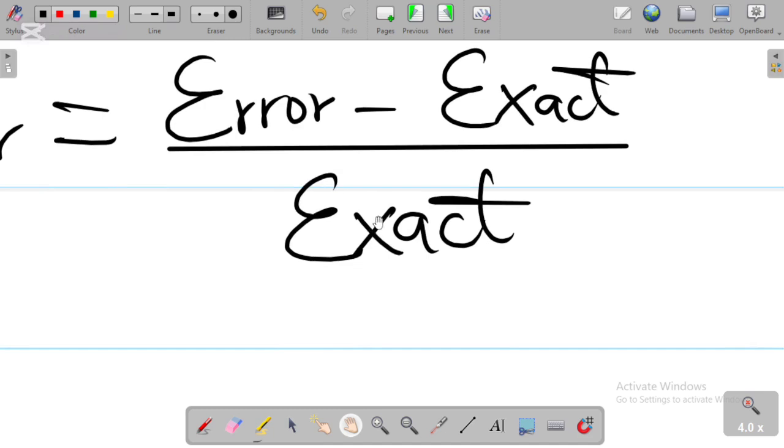But if you find out that your error is less than the exact, simply use exact minus error.